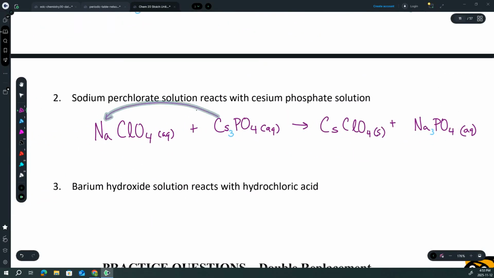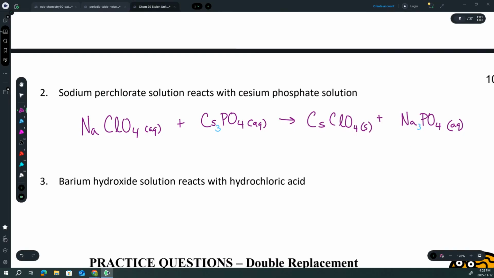Alright, so now we have a skeleton equation. Let's balance the whole thing. We have 1 sodium coming in, 3 coming out. So let's put a 3 there. Now we've got 3 sodiums coming in, 3 coming out. That 3 didn't just affect sodium, it also affected perchlorate, so I'm going to need to put a 3 there so that there's 3 perchlorates coming out.